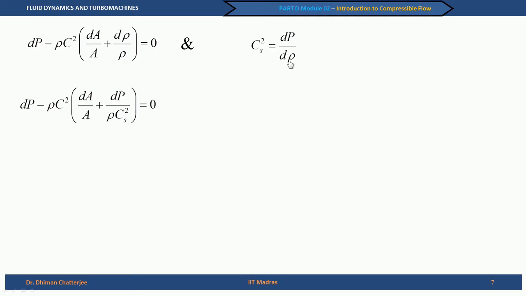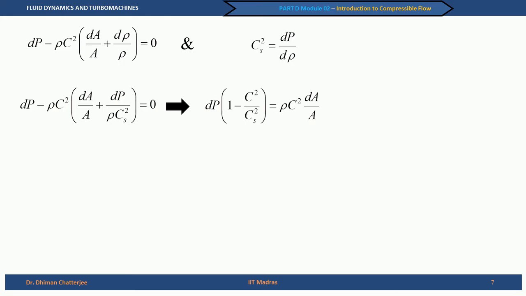We now replace d rho and write it in terms of d p. So, we get that d p by rho c s square equal to 0, and once we write it, we can club the expressions which are connected with d p together, and we get that d p whole multiplied by 1 minus c square by c s square is equal to rho c square d A by A.